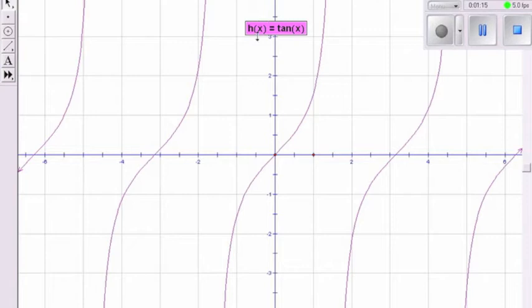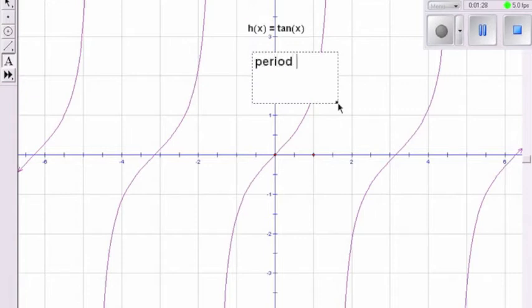Period for tangent is a little different. The period for tangent in this case, our formula is going to be simply pi divided by k.